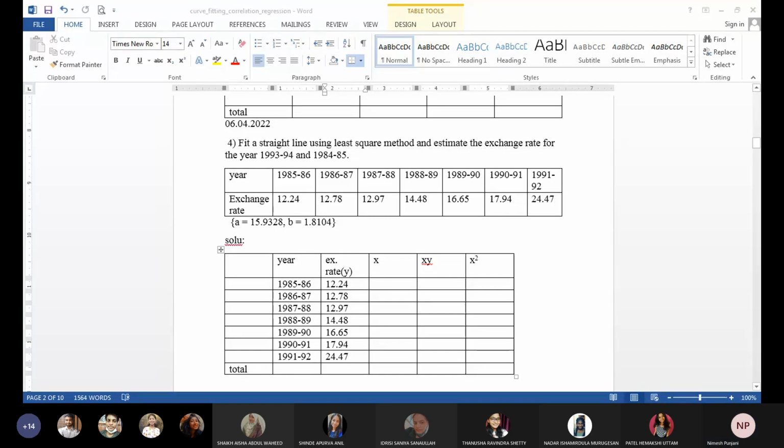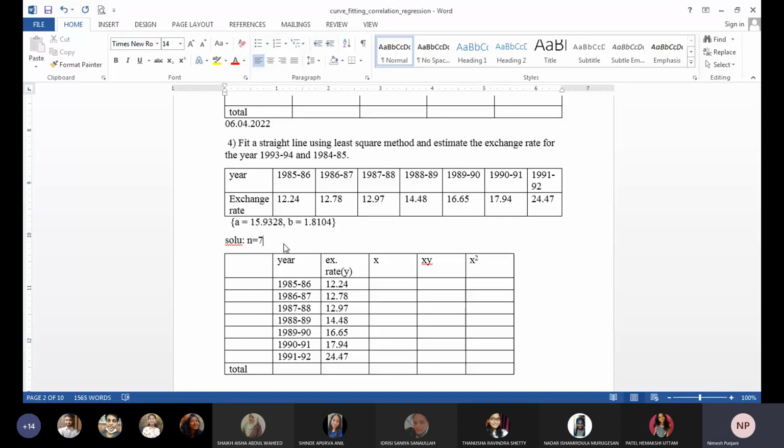For that, listen carefully. First of all, tell me what is the value of n in this case? 7. 7 is even or 7 is odd? Odd. Okay. So see, depending on the value of your n, whether it is even or odd, the solution is dependent on your n.